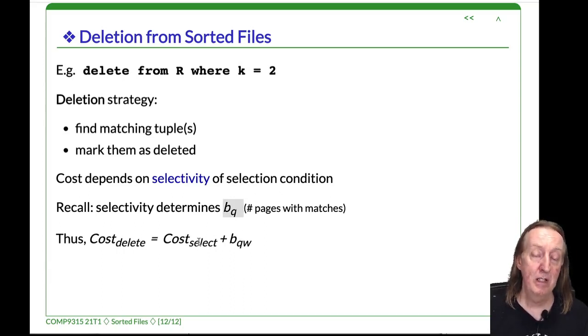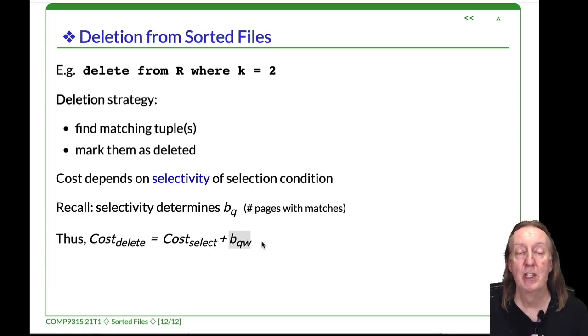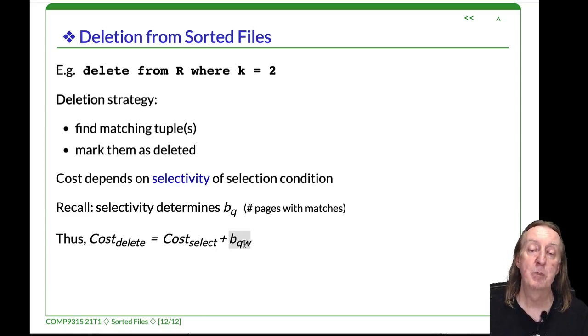So we have to find the start page, and then we have to write out, which is what the W subscript is, all of the pages that contain matching tuples. So there are BQ of them. So there are BQ writes. So this is the cost for doing the selection.